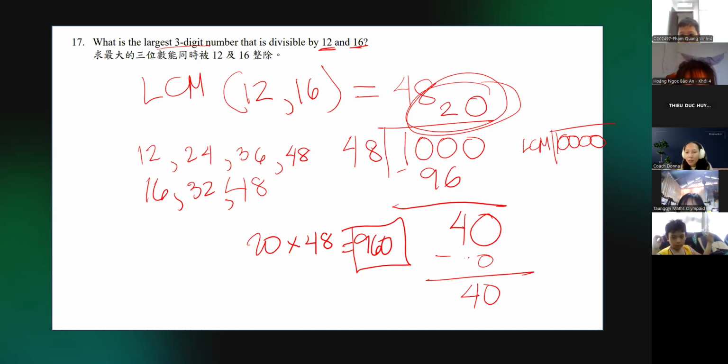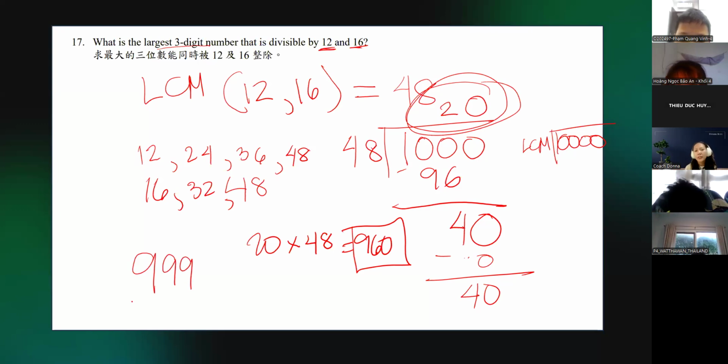Anyone else who has a question? Please unmute so we can hear you. Can we use 999 divided by 48? Yeah, we can also do that.